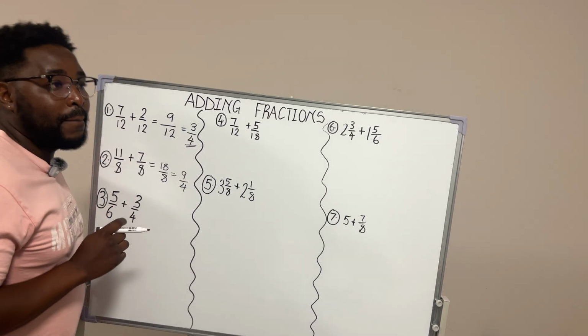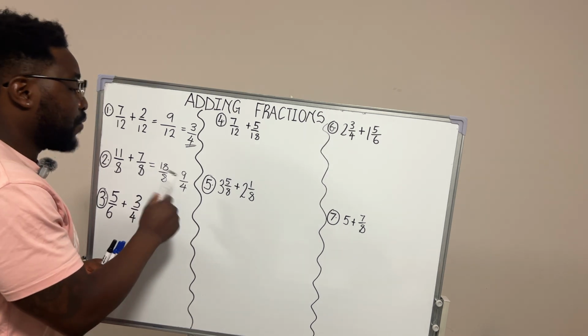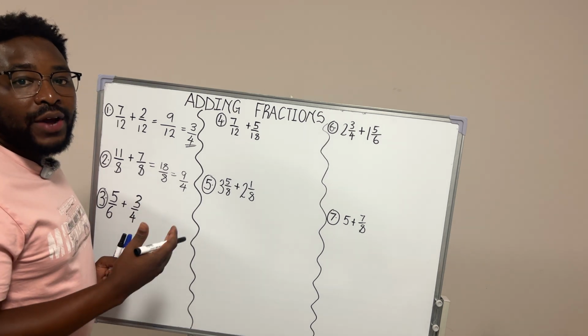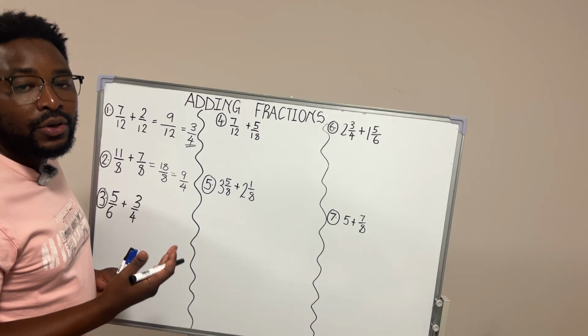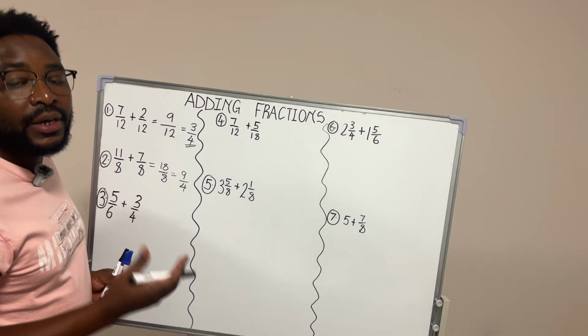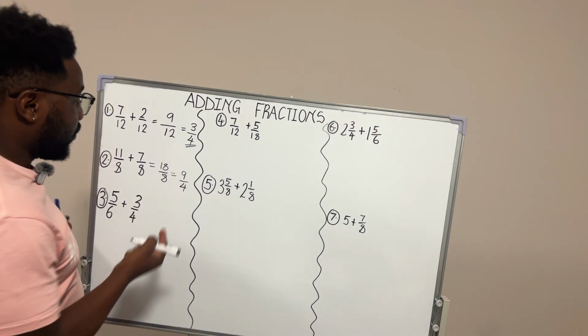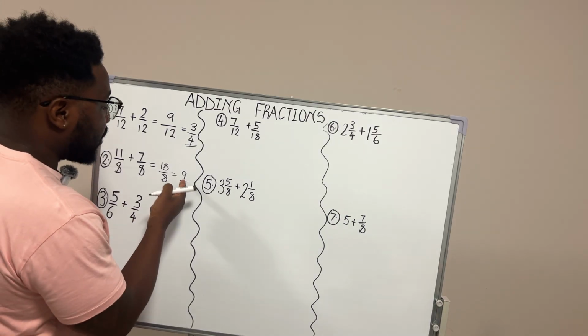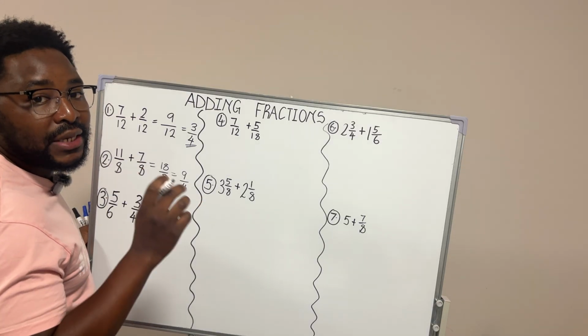Okay, fine. Now, whenever you have an improper fraction, like the one that we have over here, I would advise you to change it into a mixed fraction or a mixed number if needed. Okay, so let us now turn this improper fraction into a mixed number.